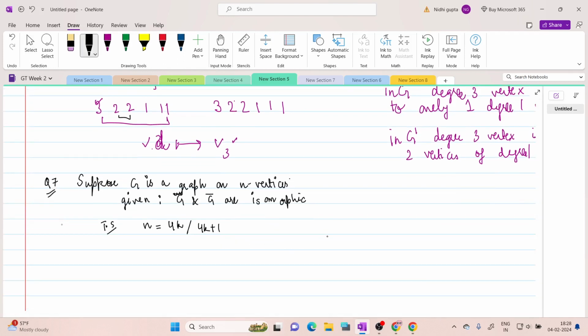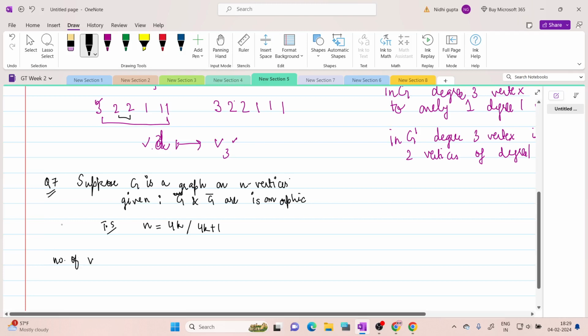First tell me what is G complement. G has n vertices. If G has n vertices, how many vertices will G complement have?